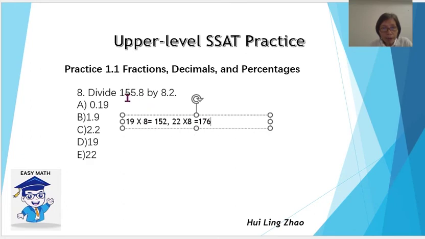So we can guess the answer is D, right? So the answer is D, because 152 is close to 155.8, right? Let's use the approximation, use the guess to compare the 5 choices. The closest answer is D, right?